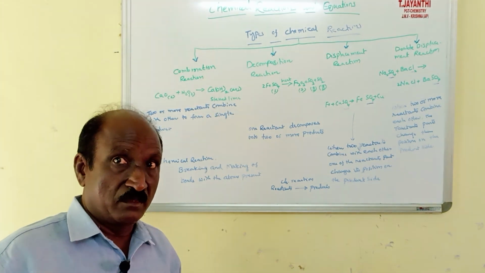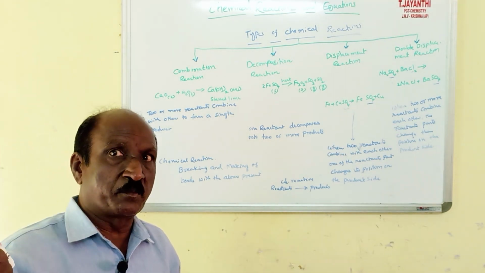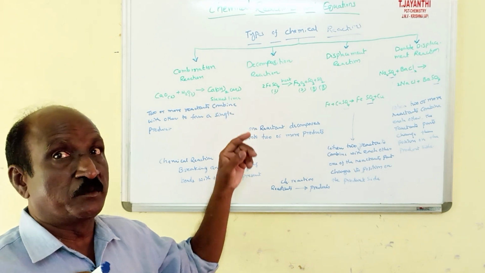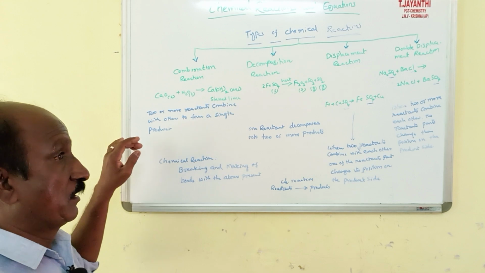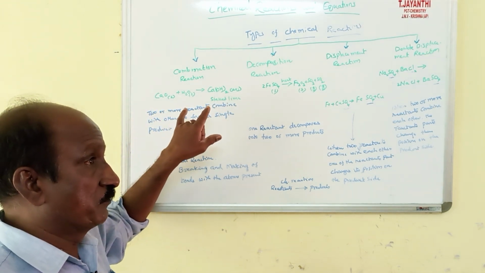In India or in the world, many chemical products are produced using the base product, calcium hydroxide.